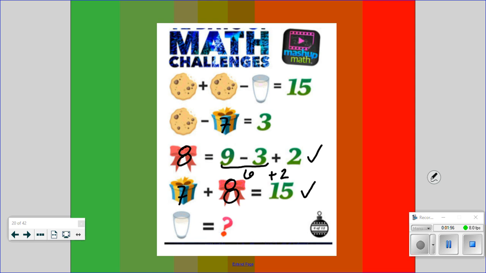Where am I going to look now? Elena? Well, look at that second one. Cookie minus 7 equals 3. Is it 4? No. Some people think it's 4 because they see a 7, a subtraction, and a 3, and they think, oh, 7 minus 3 is 4.